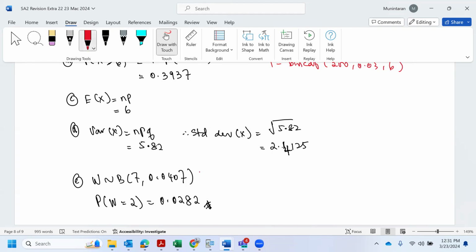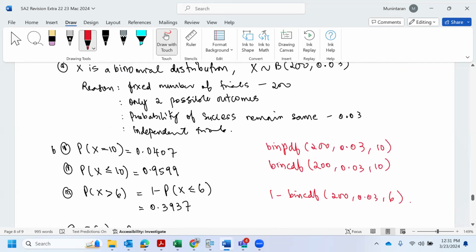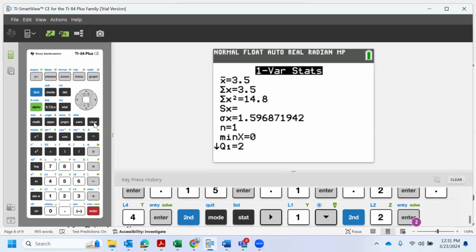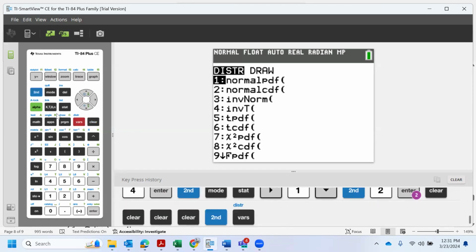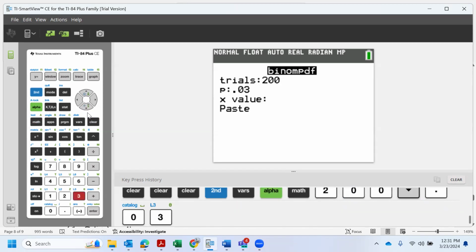You must use the exact value of P for X equals 10. I think I mentioned you can actually store it. Let me show again. Second distribution, alpha A. We are doing 200 trials, success is 0.03, and the X value is 10.